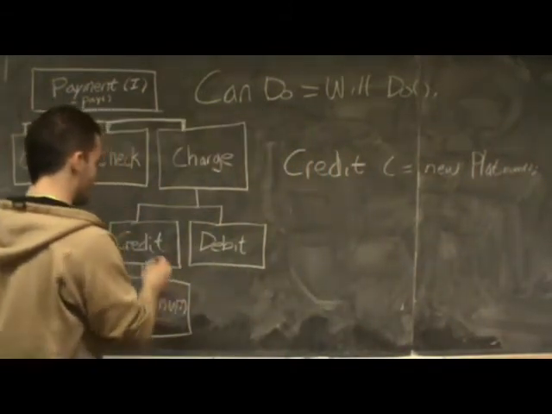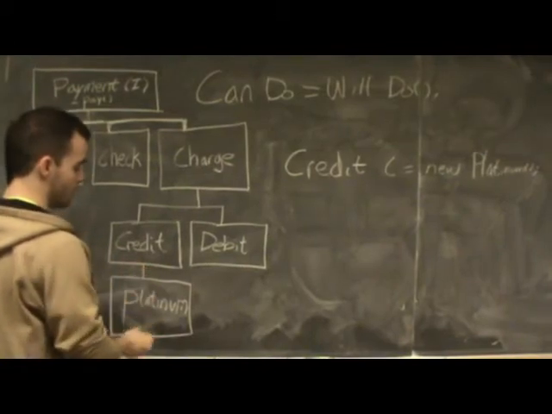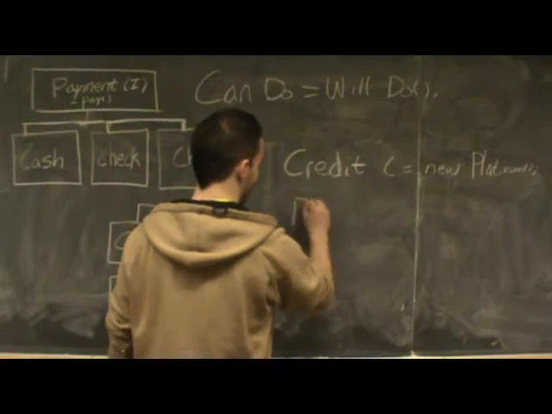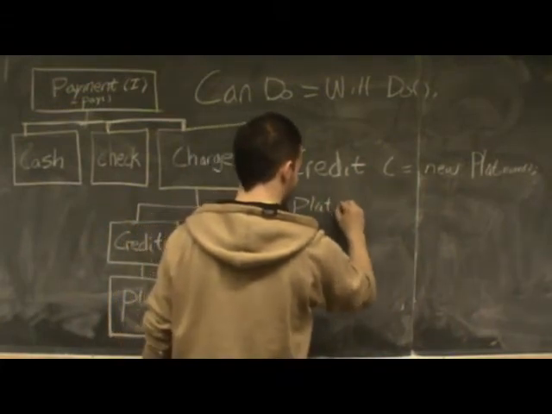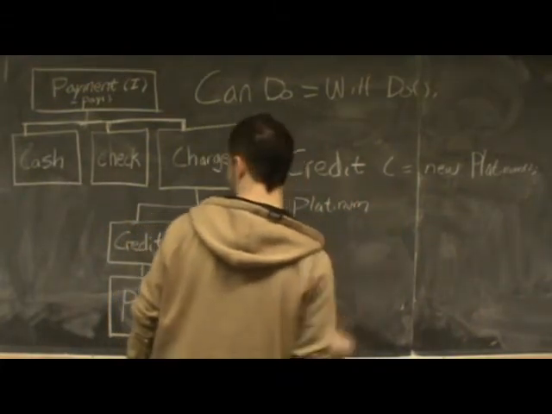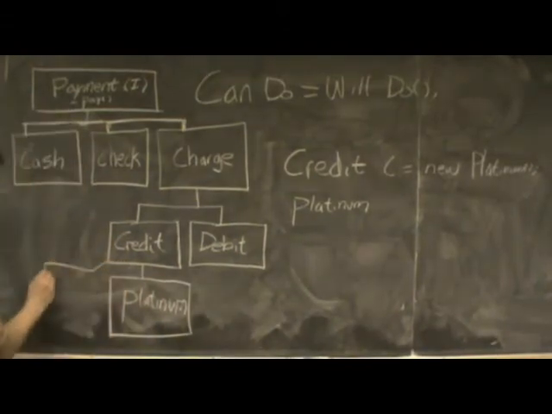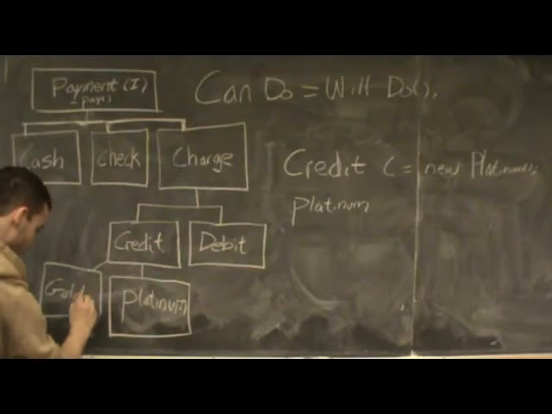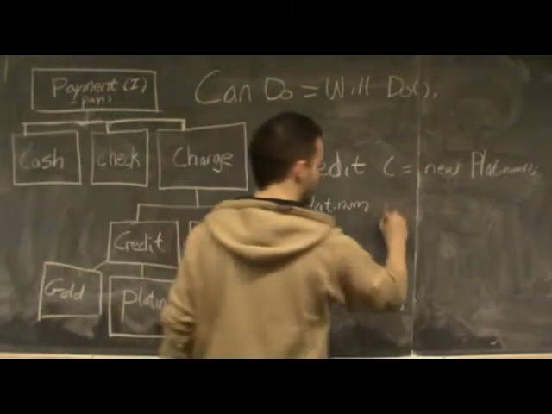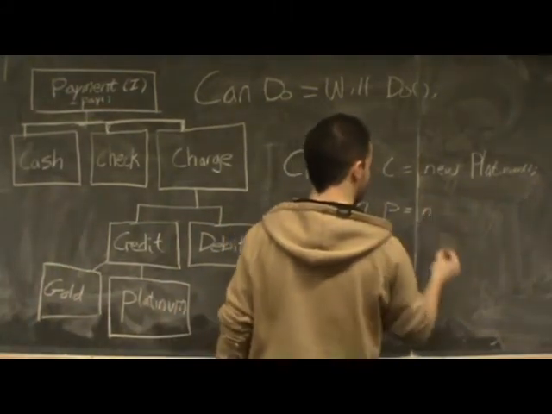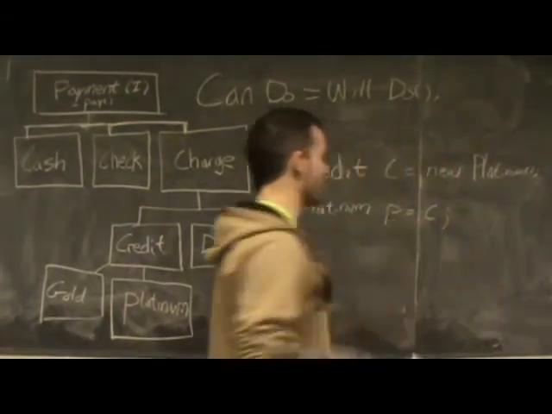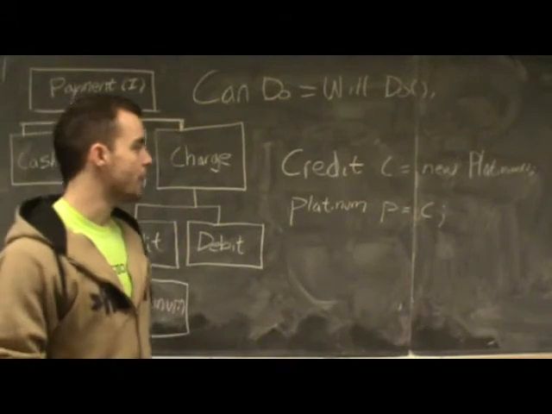So we've established a credit object that is a platinum. Now, let's add another one. We'll call this gold. All right, so I'm going to say platinum P equals C. So remember, it basically automatically casts it to a platinum. Is this valid?